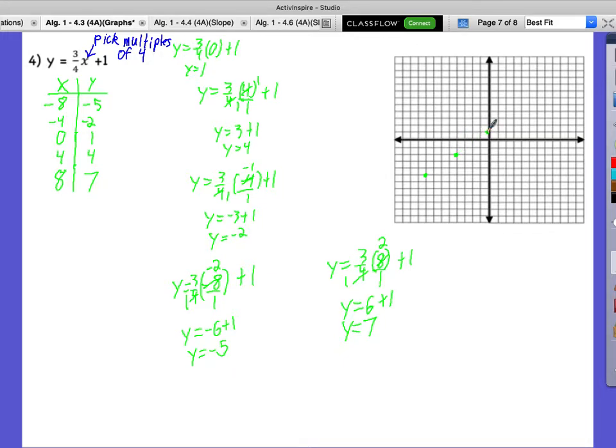And a 0, 1. That one's easier to graph. 4, 4. And 8, 7. And as we notice, as we take our straight edge, they should line up perfectly. Now we probably did some wrong graphing. We'll plug them in. We might not know. We have to figure it out.